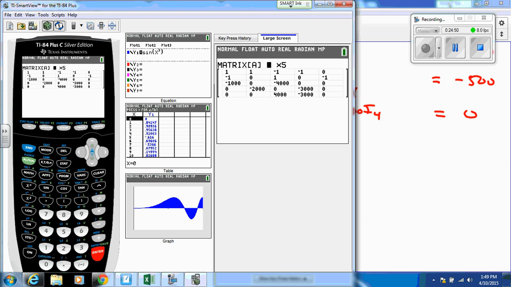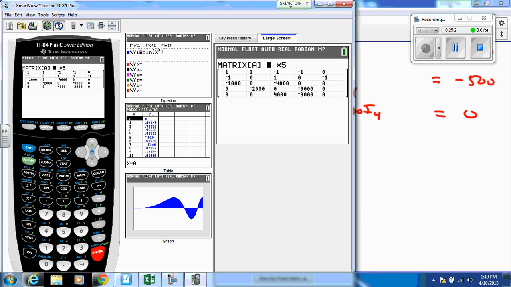Third row should be -1,000, 0, -4,000, 0, and 0. Fourth row should be 0, -2,000, 0, -3,000, 0. And the fifth row is 0, 0, 4,000, -3,000, and 0.